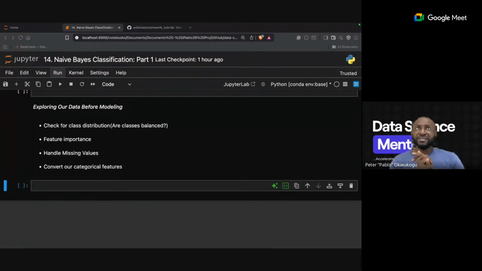A huge example is text classification, where we fetch texts and then try to find out how we can classify these texts, right? So yeah, we're going to do that.